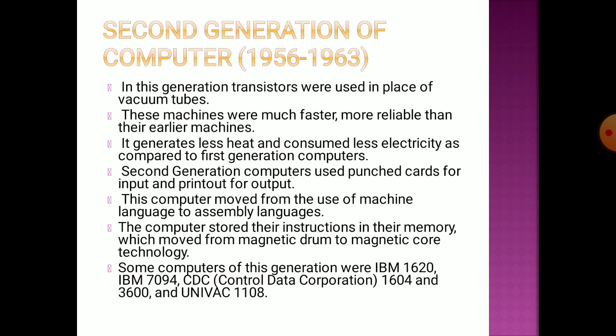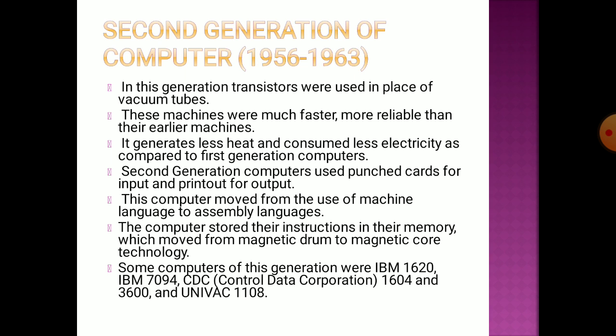Because of the use of transistors, there was an invention in your computer era, and the next generation of the computer started from the year 1956 till 1963. So this era is called the second generation of computers, from 1956 till 1963.